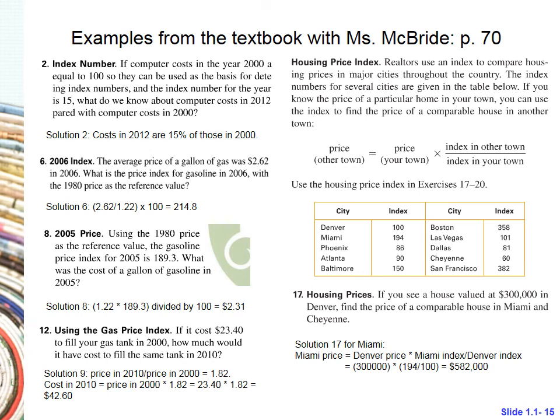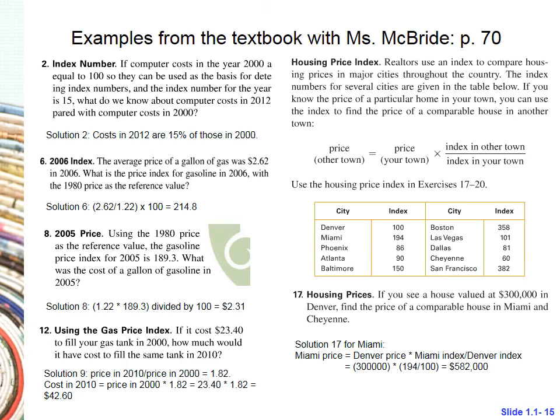So that's your town, the Denver price, times, and now make sure you get the fraction right, the index of Miami divided by the index in Denver. So that would be 300,000 times 194 divided by 100, and then work out the arithmetic, and that's what you'll get.